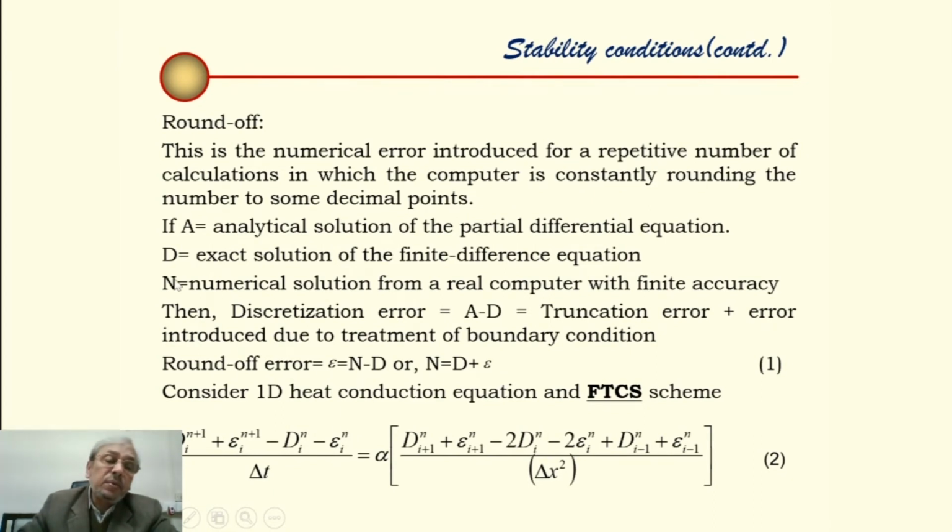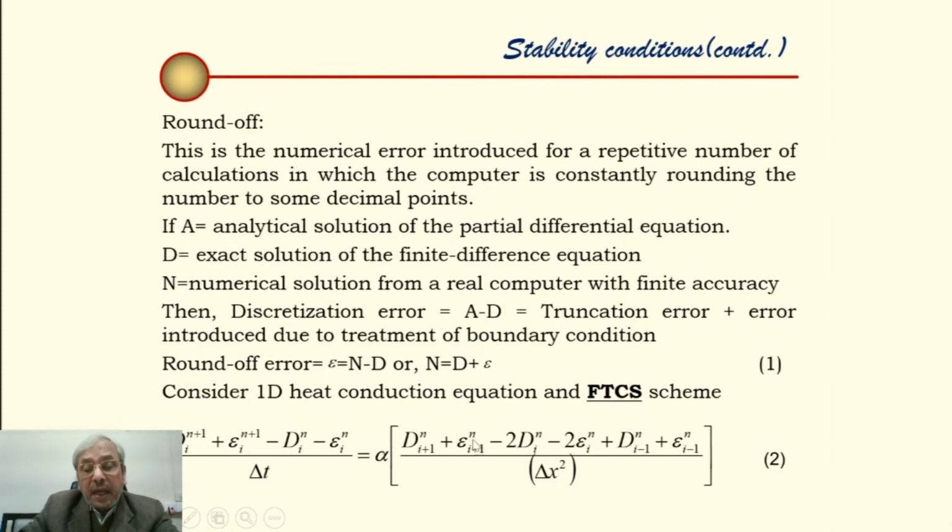Because N is the temperature here, and instead of N we substitute D plus epsilon, divided by delta t.